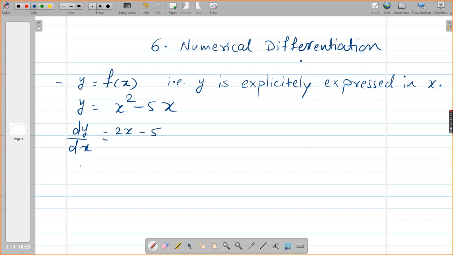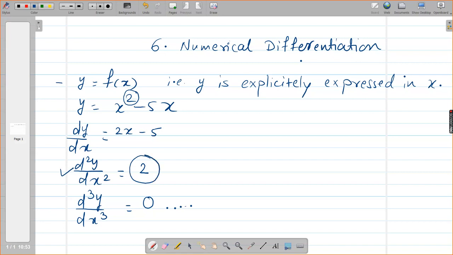You can find one more derivative, d2y by dx square. It is 2. Then d3y by dx cube will be 0. So all other derivatives will be 0, because the degree of the polynomial is 2, therefore the second derivative is a constant number, and the next derivatives onwards will become 0.